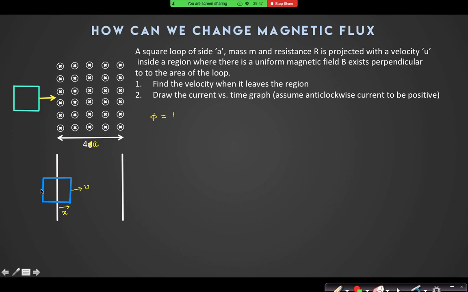Can you tell me what is flux? B into A into x, right? So what is d phi by dt? EMF is BAv. BA into v at this instant. So the current is equal to BAv by resistance R.